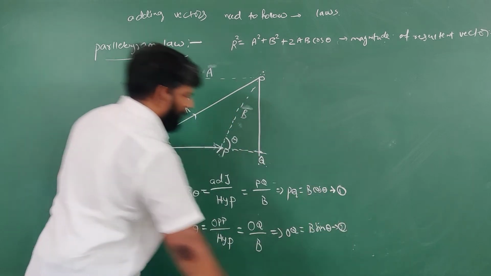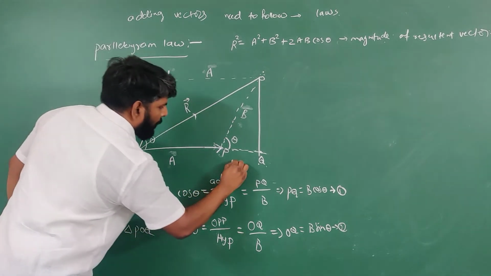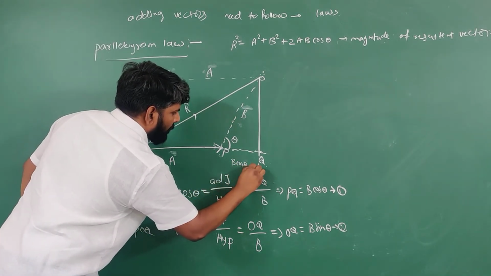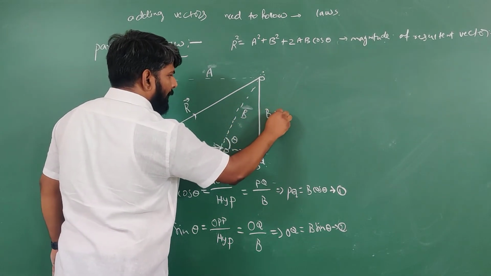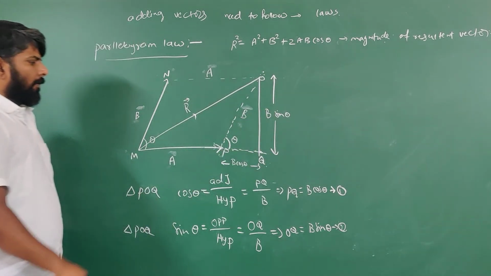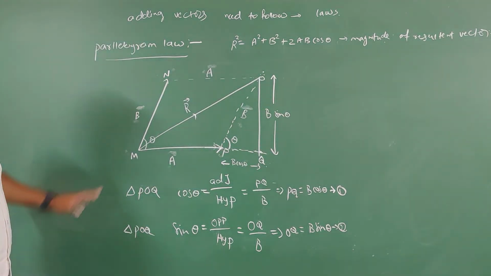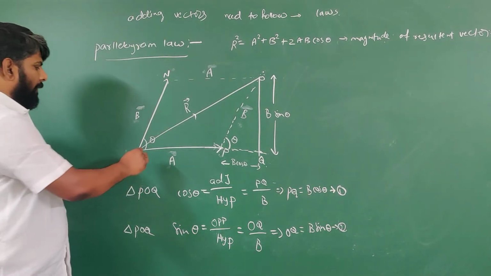Take it as equation 2. So PQ is equal to B cos theta, right? OQ is equal to B sin theta.